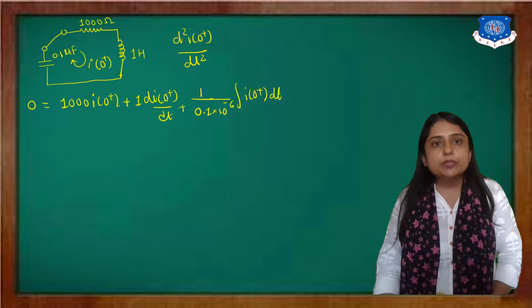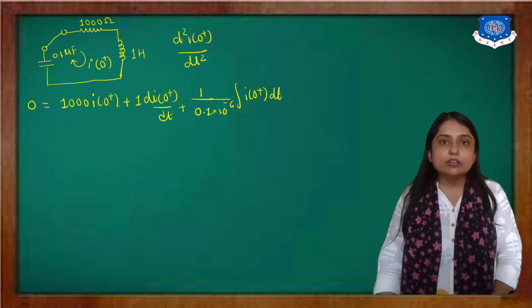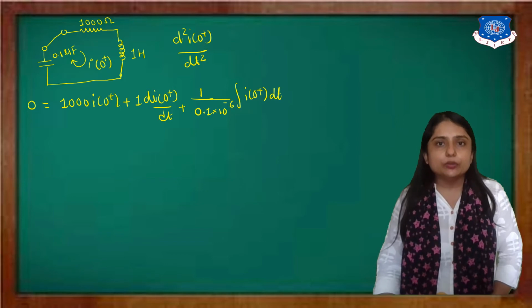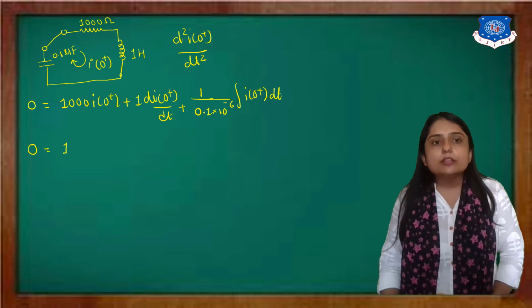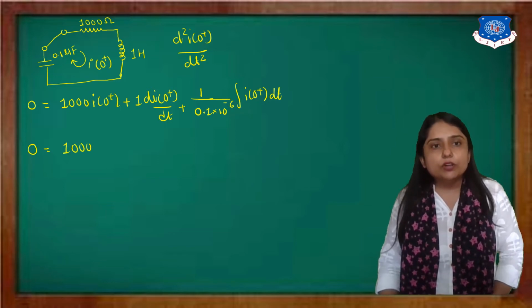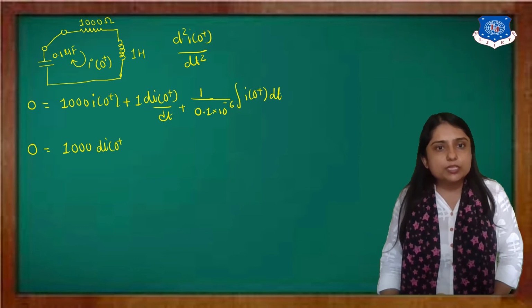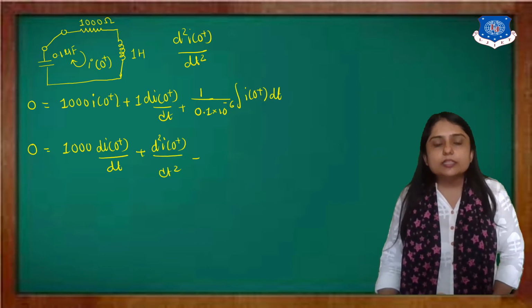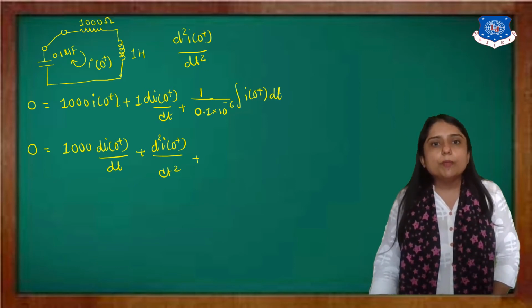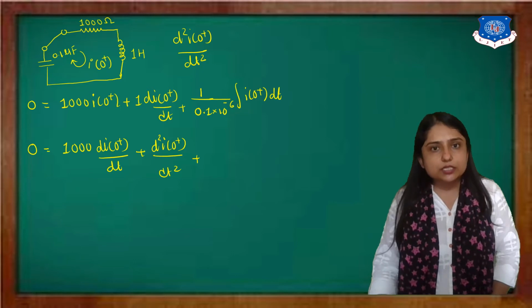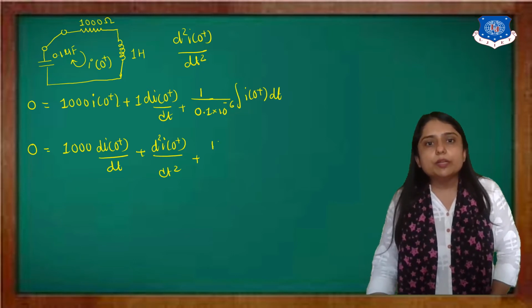Differentiating, the constant gives 0, then 1000 di(0+)/dt, then d square I(0+)/dt square, and the capacitor term becomes 10 raised to 6 divided by 0.1, times I(0+).